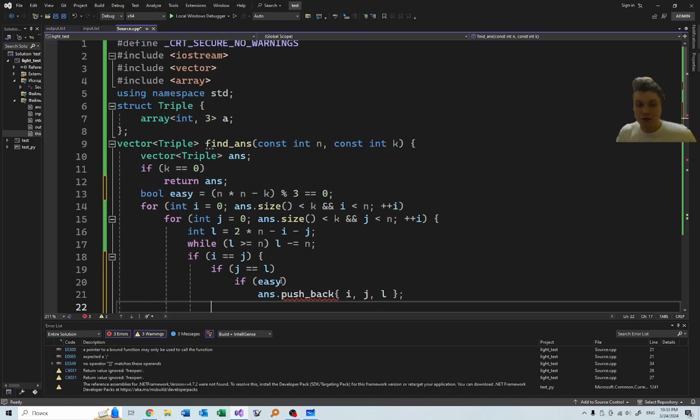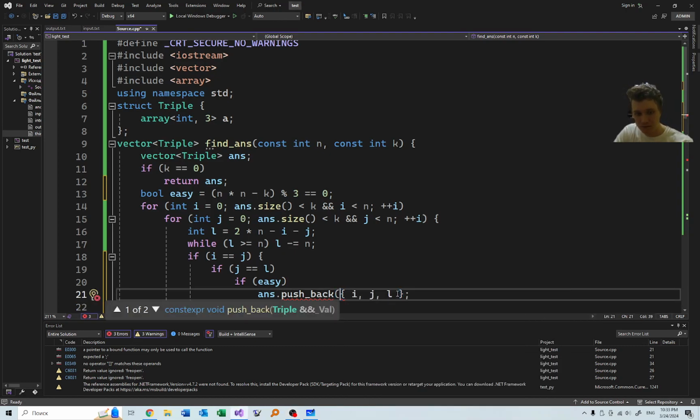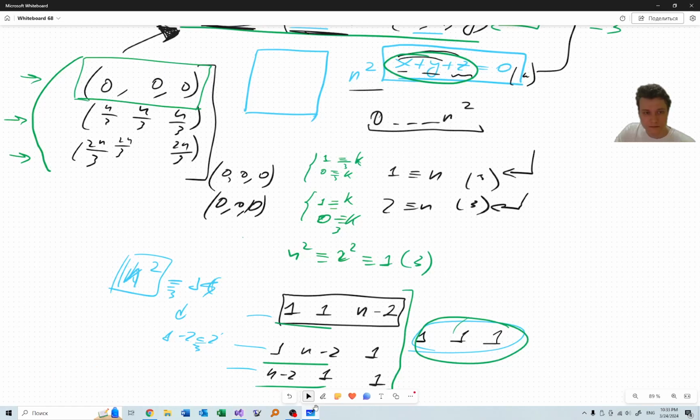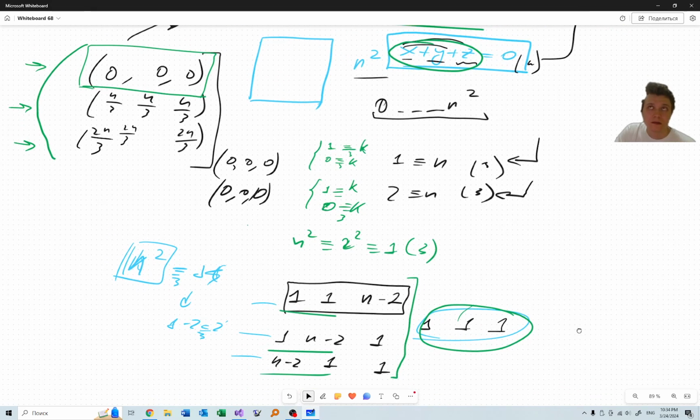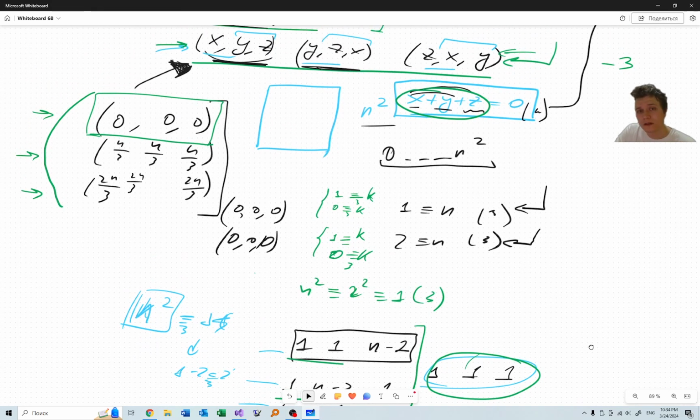Which cases are there also? Also, there is a case when we have 0, 0, 0.